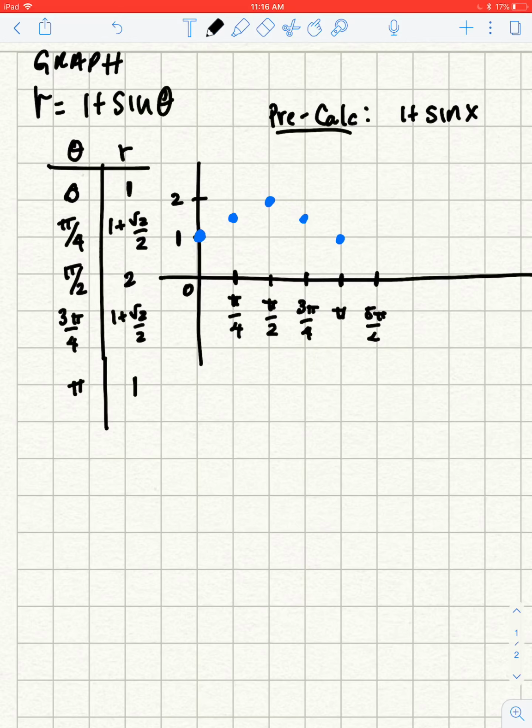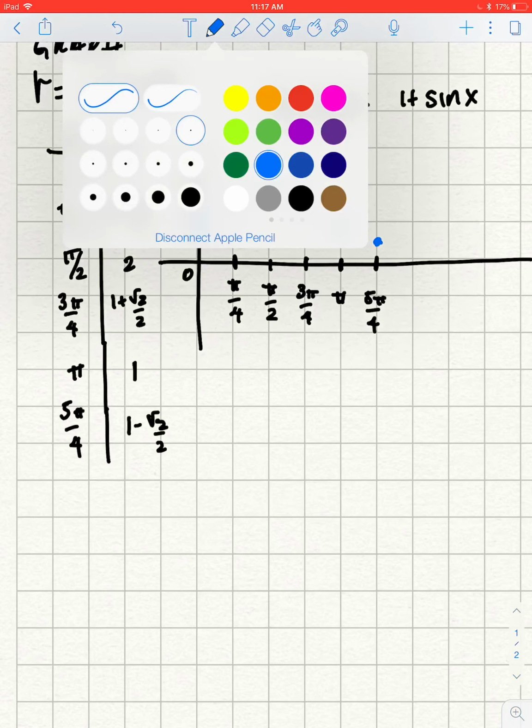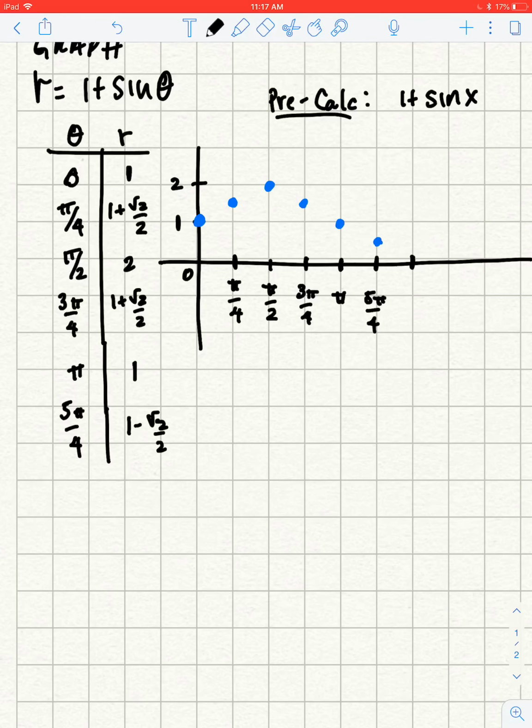Five pi over 4, we wind up with one minus root 2 over 2. That'll be about there. And then if we plug in 3 pi over 2, we would get 0.